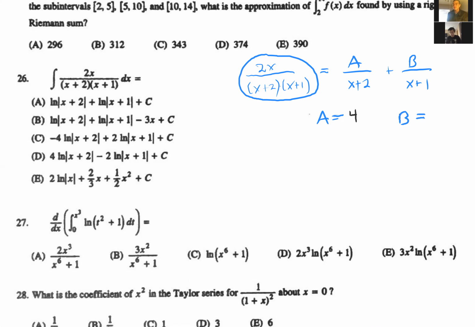So what I'm going to do here is ignore this part. And then I'm going to plug in -1. So 2 times -1 is -2. On the bottom, -1 plus 2 is 1. So -2 divided by 1 is -2.